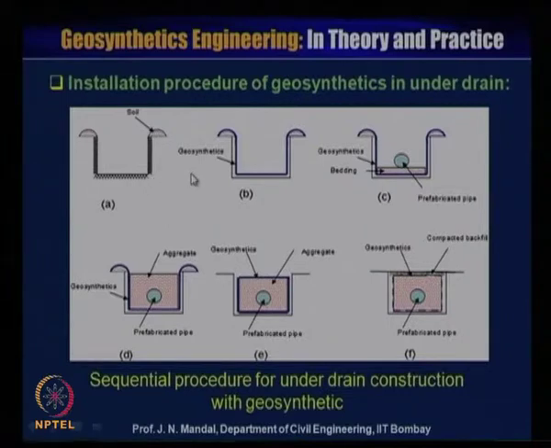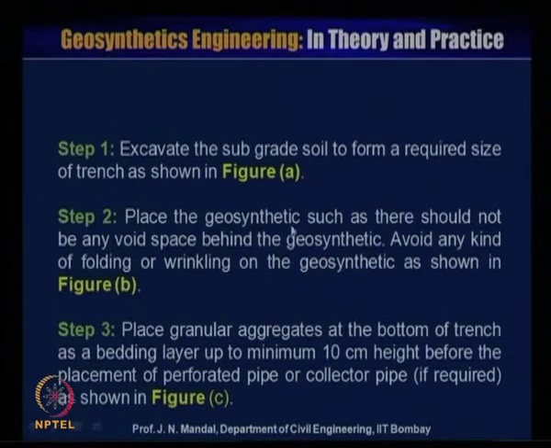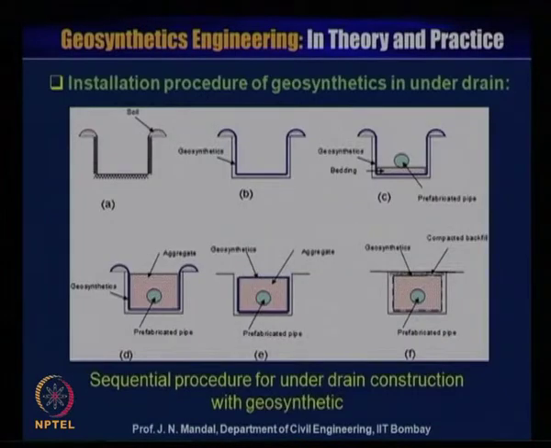Next, you place the geosynthetics such that there is no void space behind them. Avoid any folding or wrinkling of the geosynthetics, so there should not be any wrinkling or development of voids.